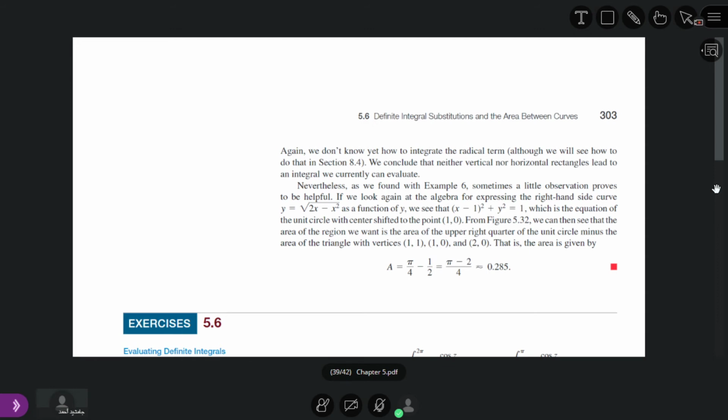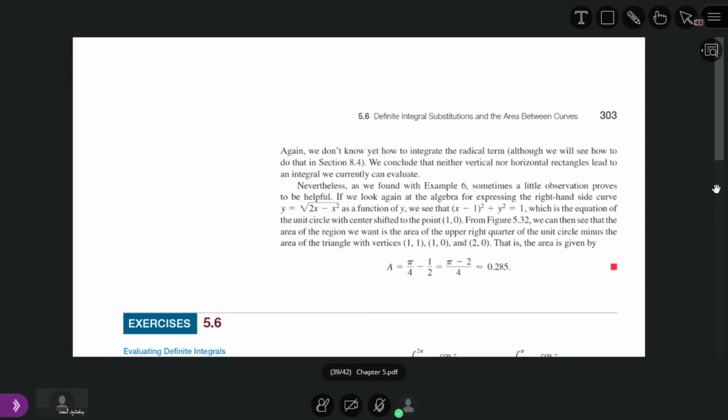Here in the exercise, we first have to evaluate the integral by using the substitution method, the substitution rule. And in the syllabus we have to solve question number 11.